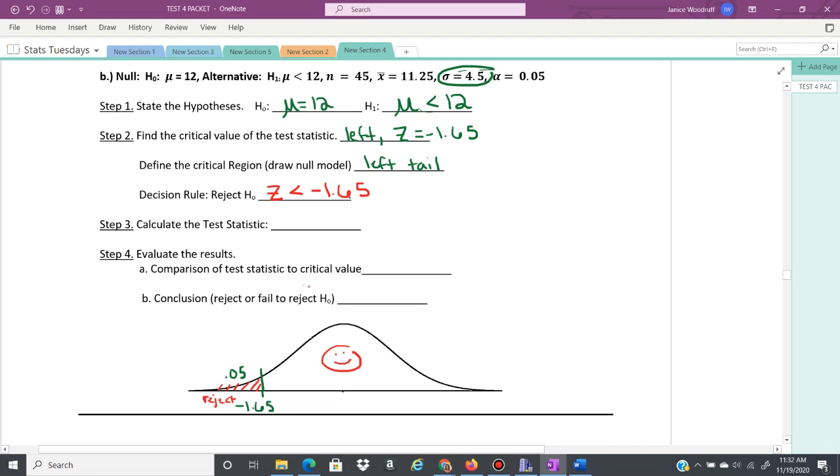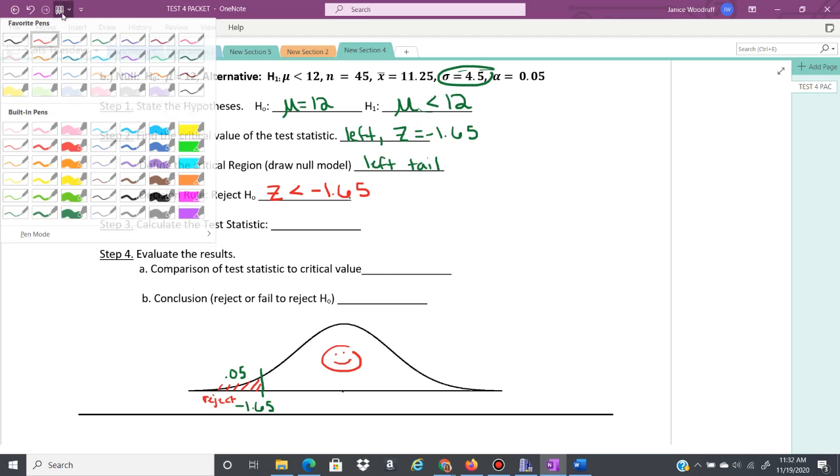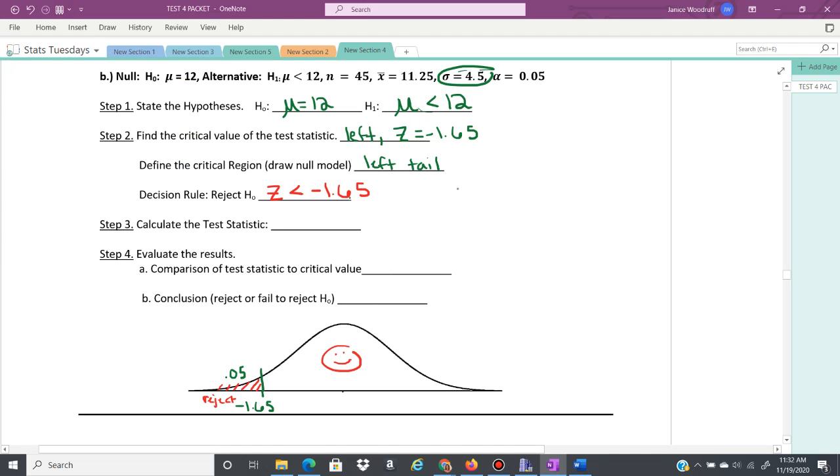So let's go ahead and find that. We do this test statistic of our information here, which remember is z equals x bar minus the mean over the standard deviation of x bar.